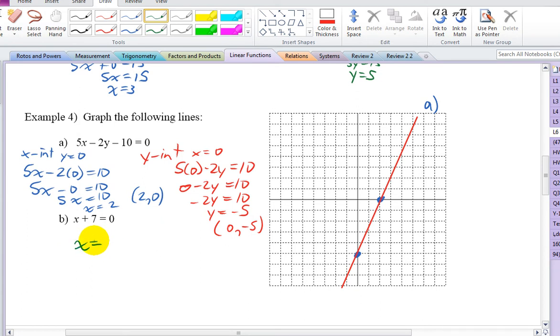What does x equal? -7. Graph that. We went over that on the quiz yesterday. Okay, so graph it right now.